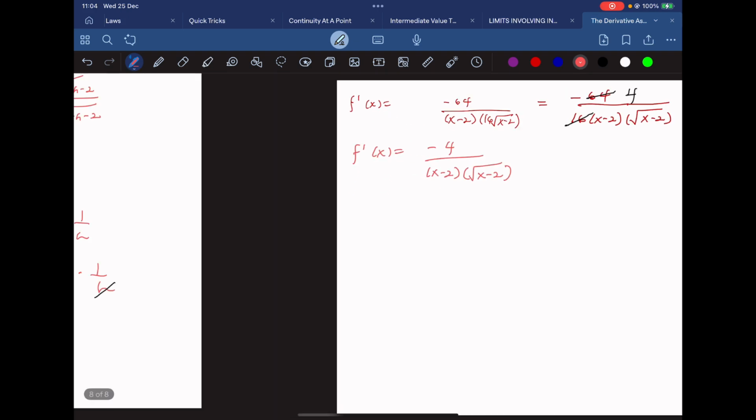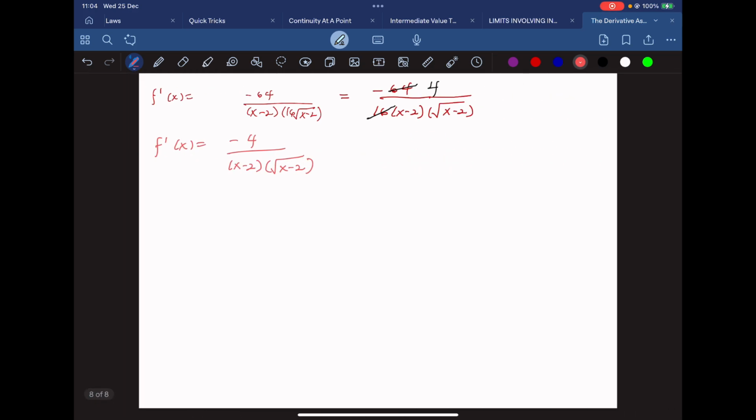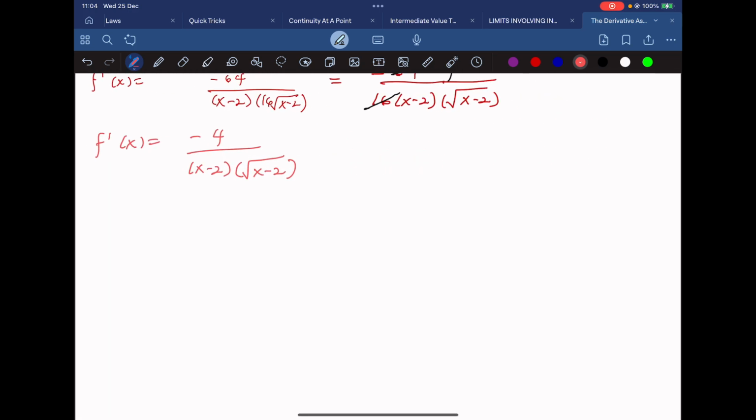Now, after finding the first derivative, the question is asking us to find the equation for a tangent line. Now remember, the equation of a tangent line is y minus y1 equal to m times x minus x1. In this case, we will have our m to be the slope.